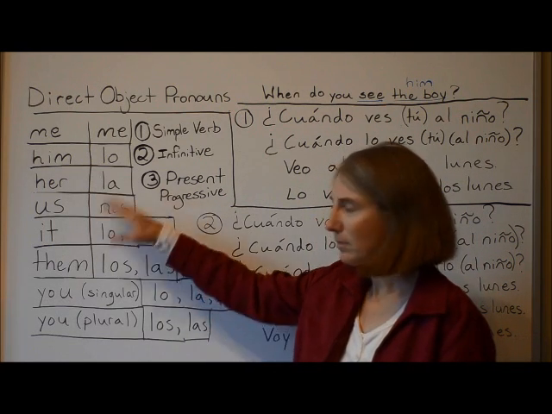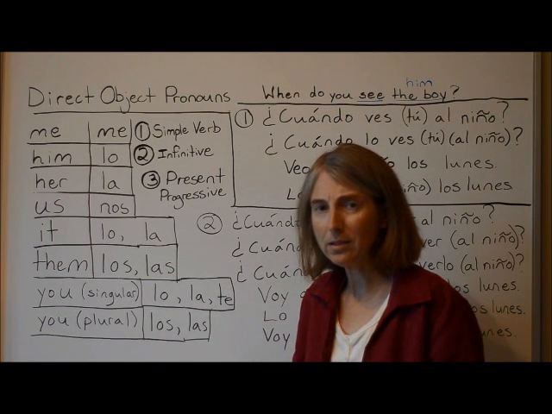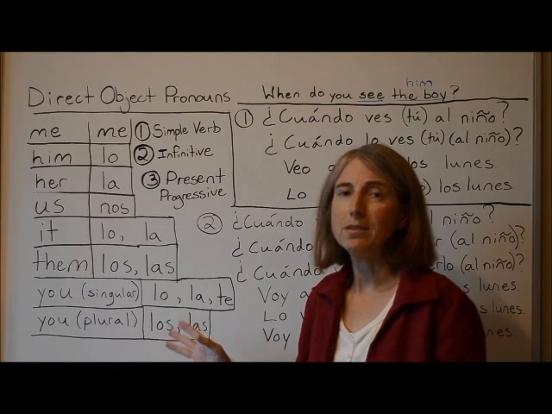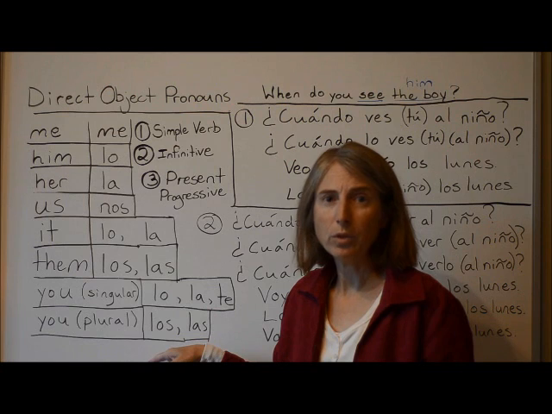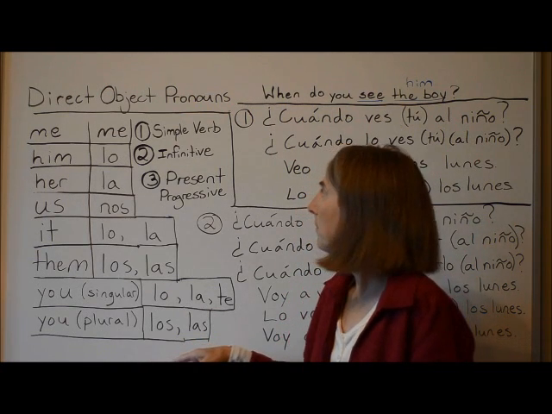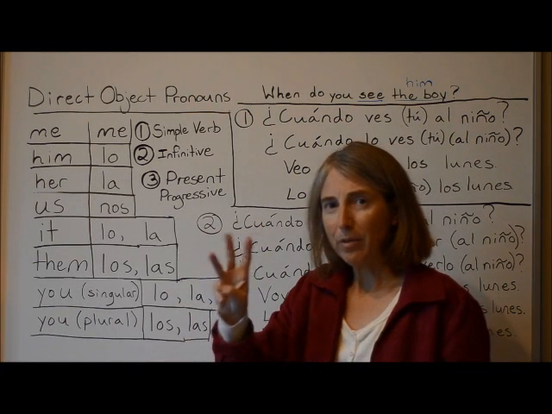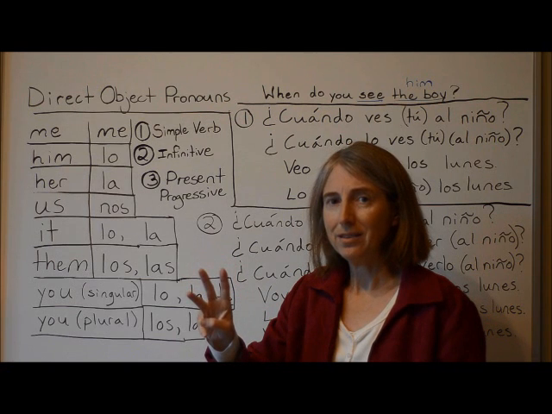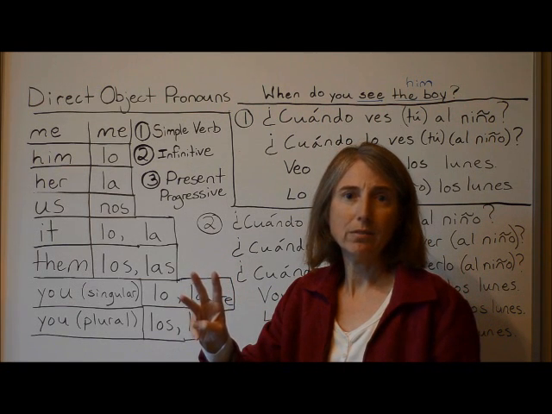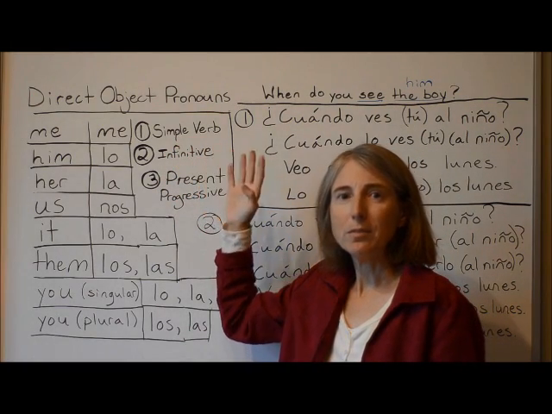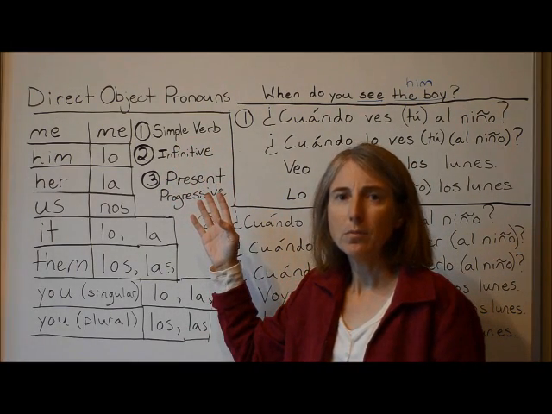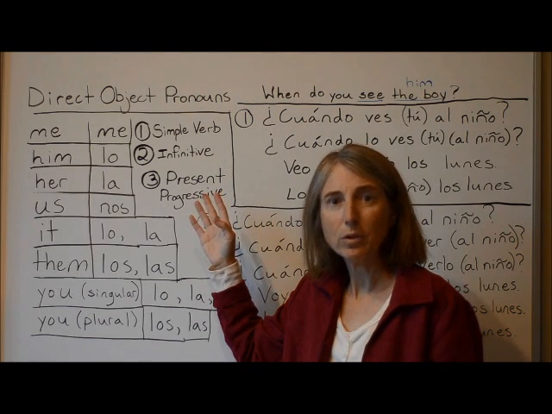Now, looking at this list, we can make a sentence in Spanish and pick our Spanish direct object pronoun that we're going to need to use in the sentence. So we're going to talk about three different kinds of sentences that we can use direct object pronouns in today. The first type would be just a simple conjugated verb, where we're going to use a direct object pronoun with that verb.